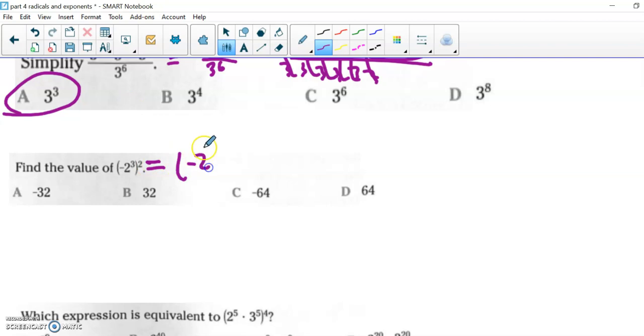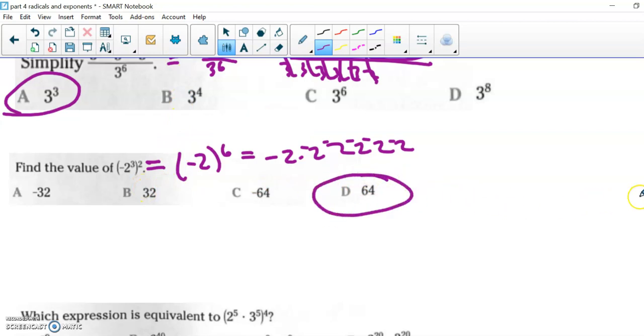So that gives me -2 to the 6th power, which is -2 times -2, 3, 4, 5, 6. And I'm going to use my calculator for that. So I have -2 to the 6th power. And that's telling me it's +64.